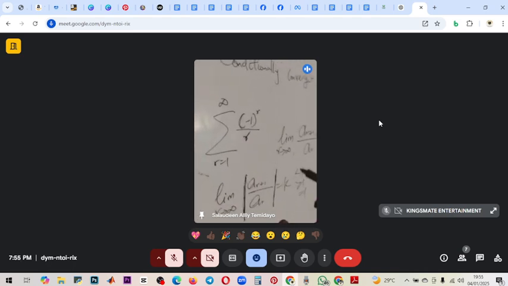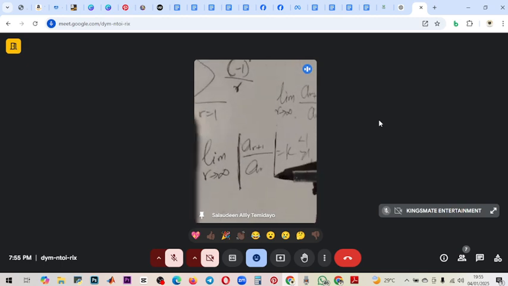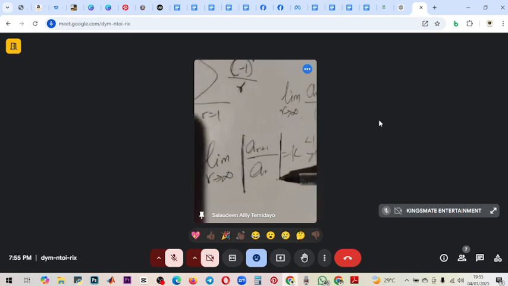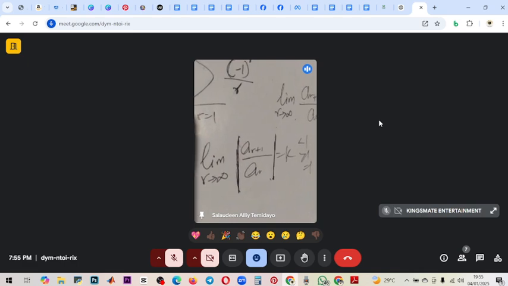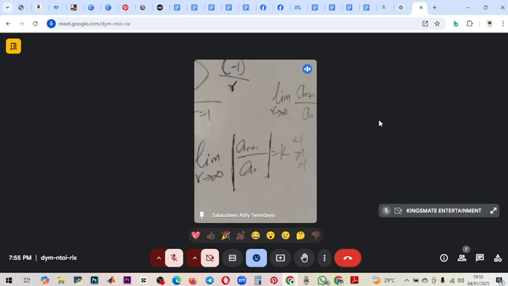This modulus sign means that if this is negative, it will definitely be made positive. No way, it must be positive. That being the case, we say we've been able to establish absolute convergence, conditional convergence. So divergence can also be like that, right?